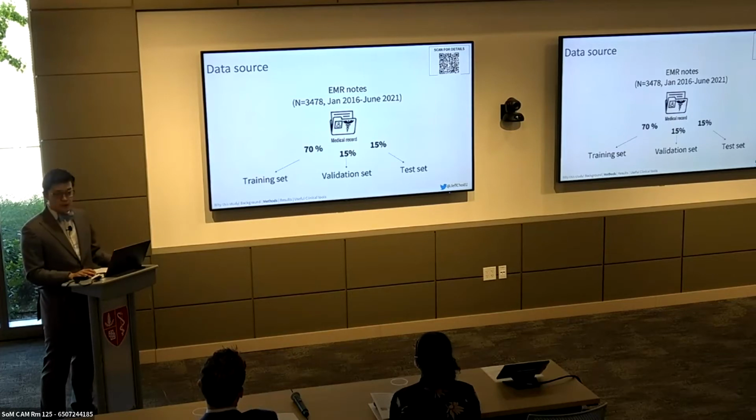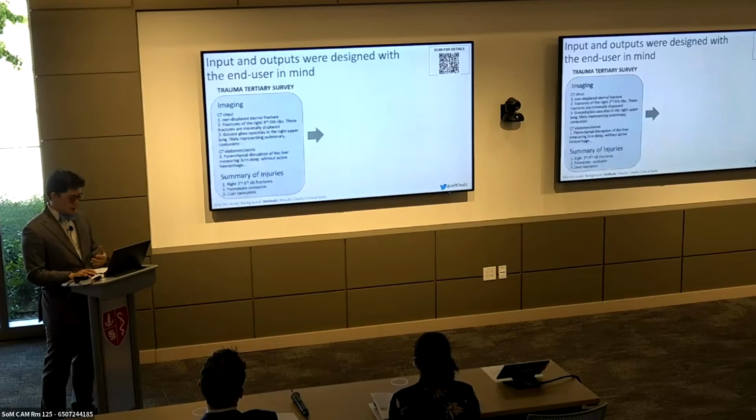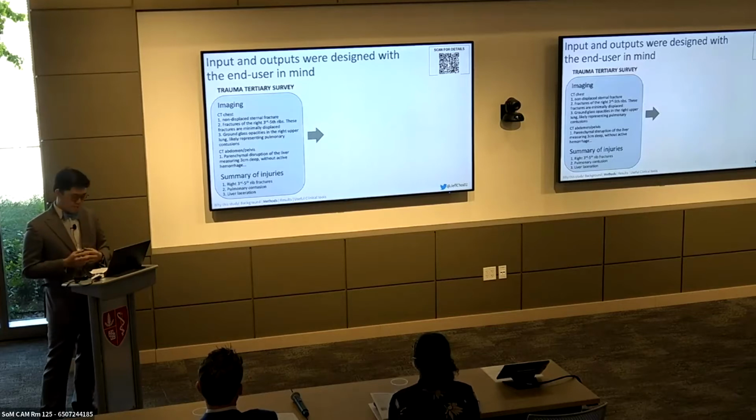So our study population comprised electronic medical records of approximately 3,500 patients who were admitted to our trauma service. And when we were designing our study, we really started by thinking about how the end user would use our ICD code extraction algorithm.